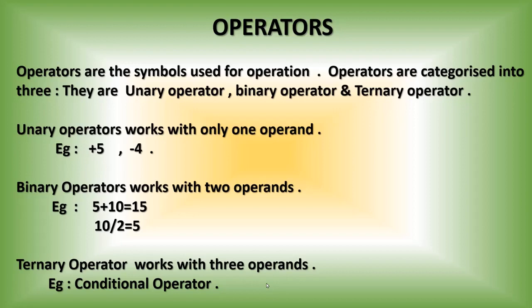Now, just remember three different types of operators: unary uses one operand, binary uses two operands, and ternary uses three operands.